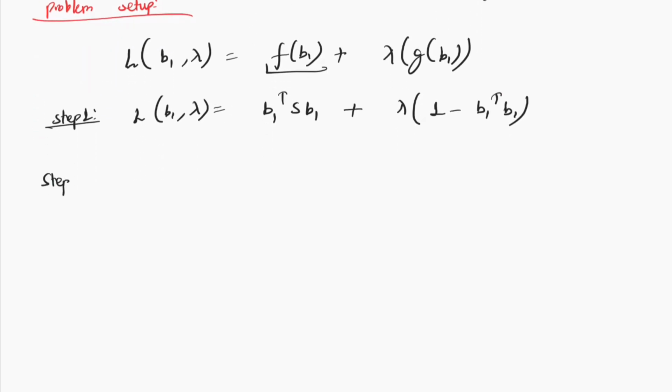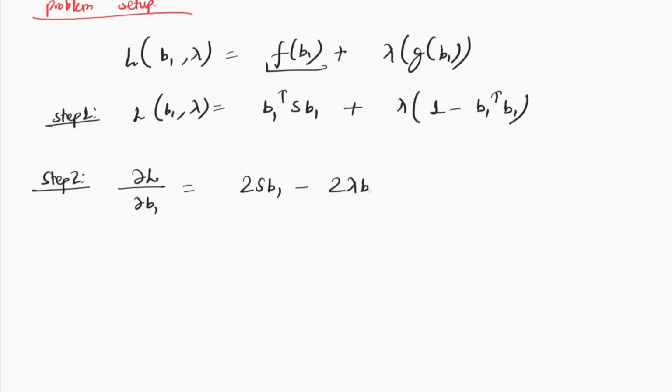Now we will follow step 2, where we take the partial derivative of this Lagrangian function with respect to B1 and lambda. If we do it with respect to B1, then it comes to 2 S B1 minus 2 lambda B1 is equal to 0.